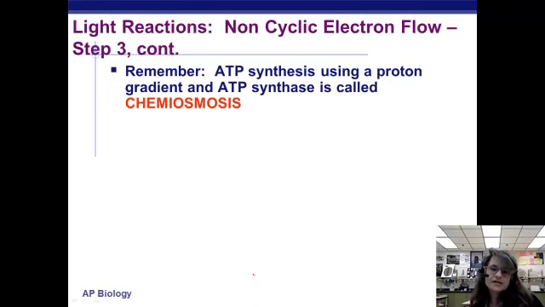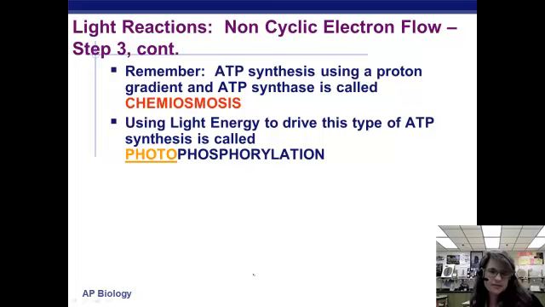Now, the rest of this process, okay, when we use ATP synthase to make ATP, please remember this term. It's called chemiosmosis. Okay, we're using that proton gradient to allow H pluses to fall through ATP synthase and create ATP. That's chemiosmosis.